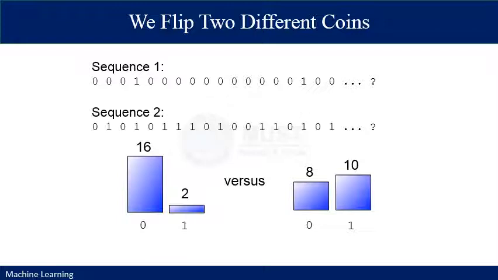Before discussing the uncertainty, let's take the example of flipping two different coins. As we flip the first coin, we have a sequence of results. We flipped the coin 18 times and it returned 0 for 16 times and 1 for 2 times. Again we have another coin, we flipped it, and we have 8 results as 0 and 10 results as 1.